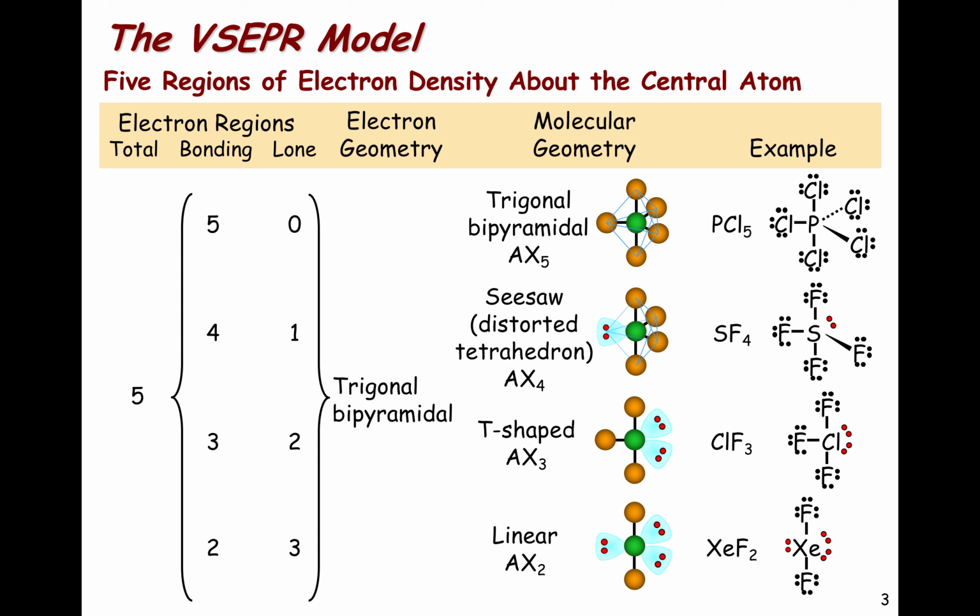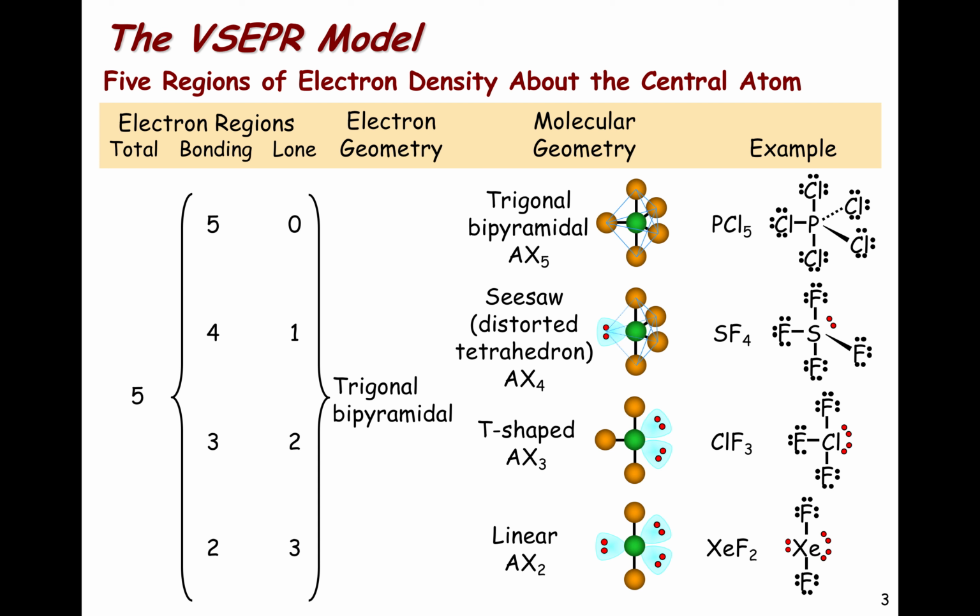If 4 of the positions are bonding and only 1 is a lone pair, the lone pair preferentially goes into the equatorial position, and this produces a structure that we describe as seesaw. In this case, there are 2 fluorines of SF4 located in equatorial positions, and the second pair is located in axial positions.